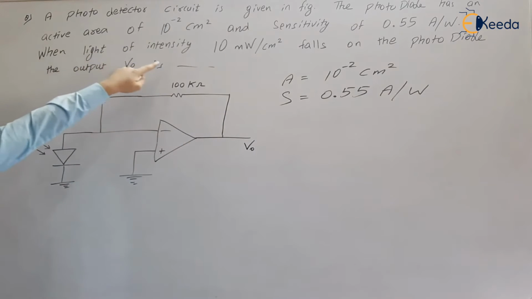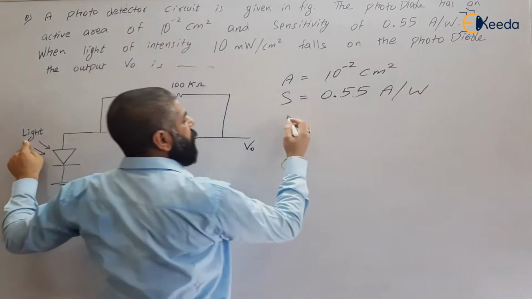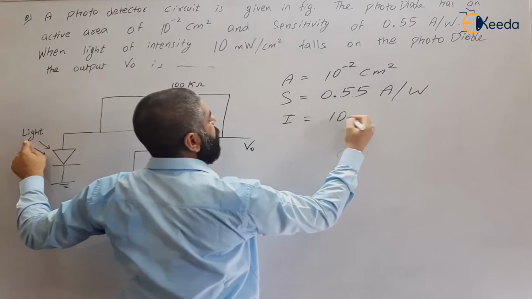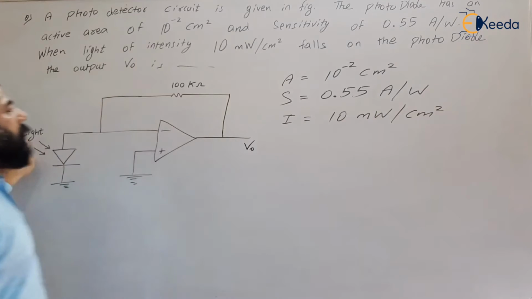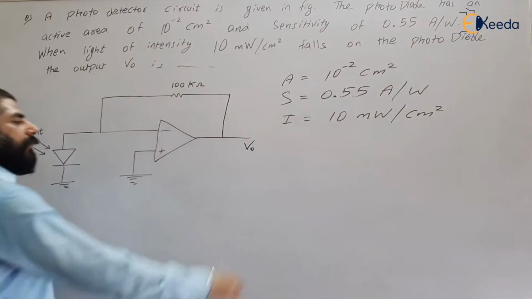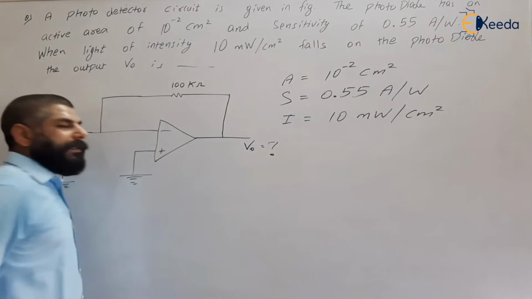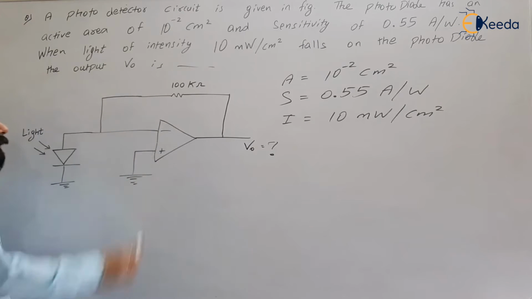When light of intensity 10 milliwatt per centimeter square falls on the photodiode, we have to calculate the output voltage of this op amp circuit.